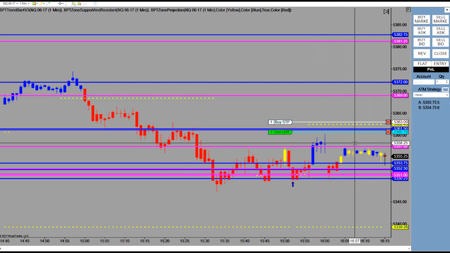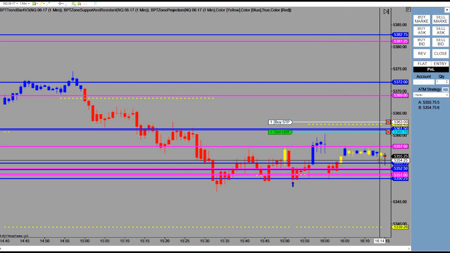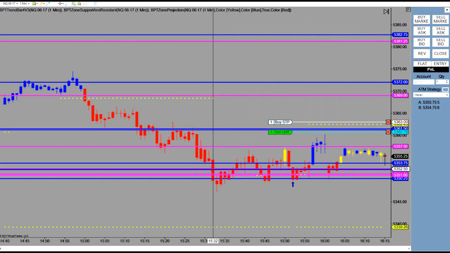Now it's dancing and got stuck between those two channels. This is what happens when the market gets stuck between two channels, from 1532 until now.